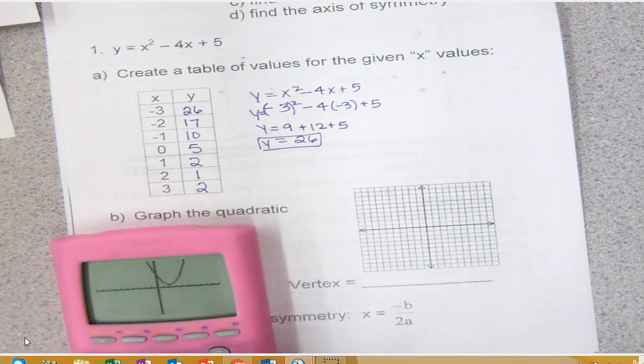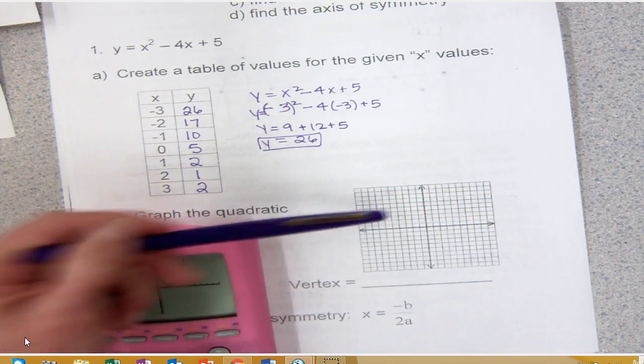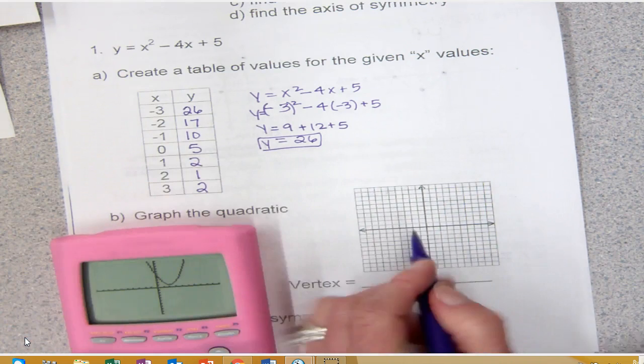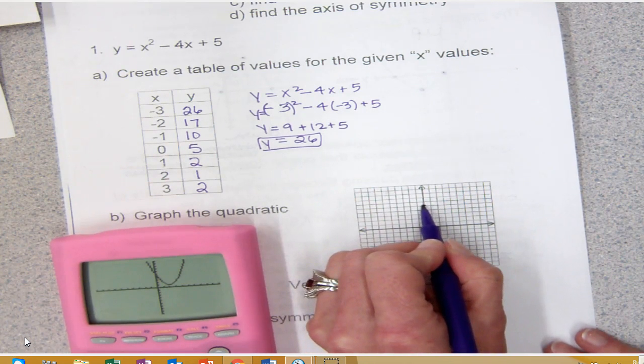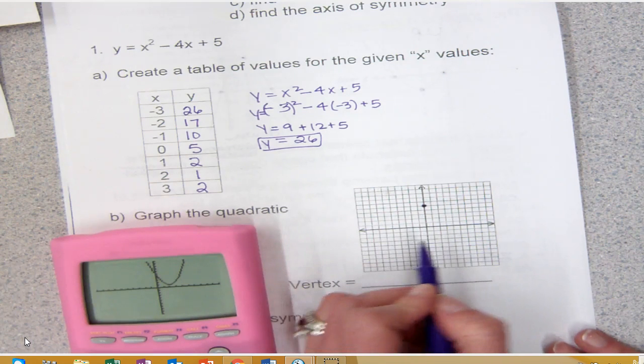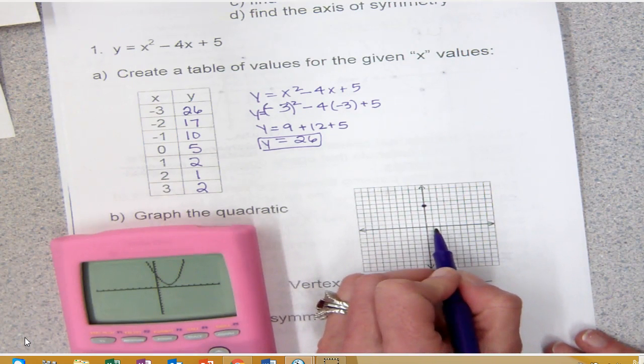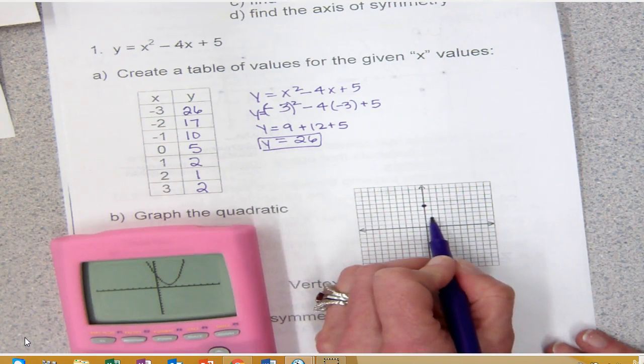Then I can look at my graph here, look at my table, and plug in my numbers. When x is 0, y is 5. When x is 1, y is 2.